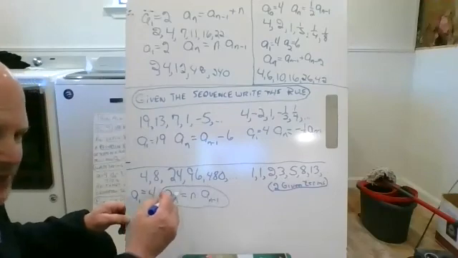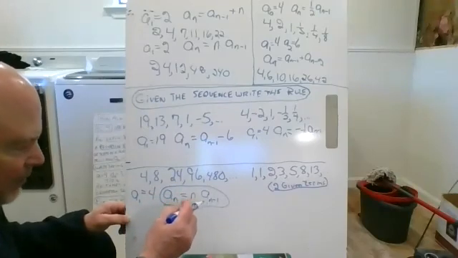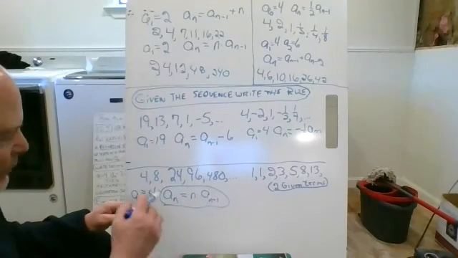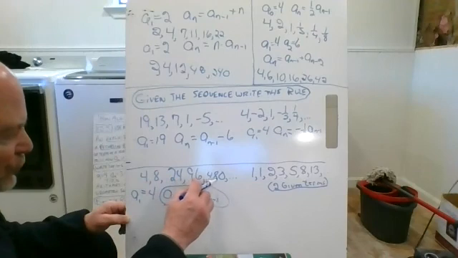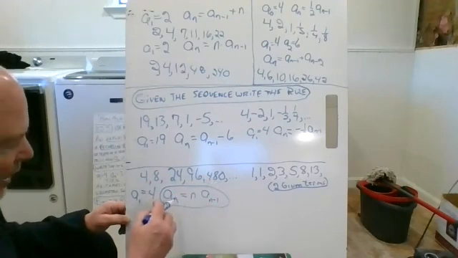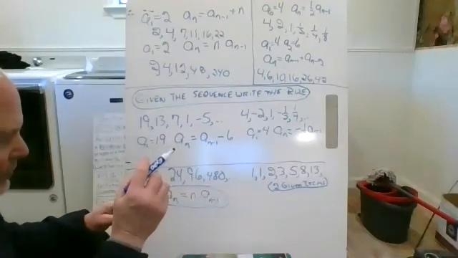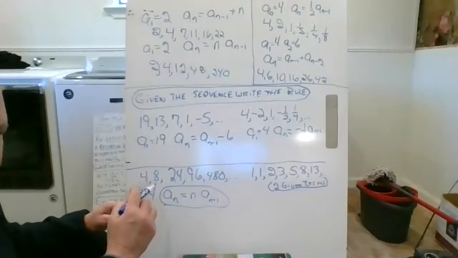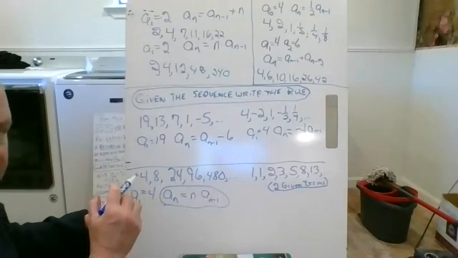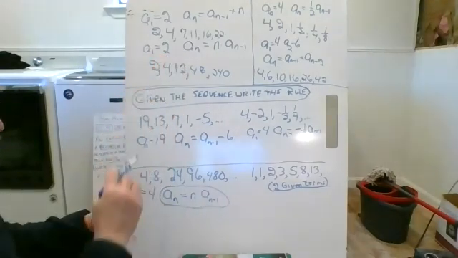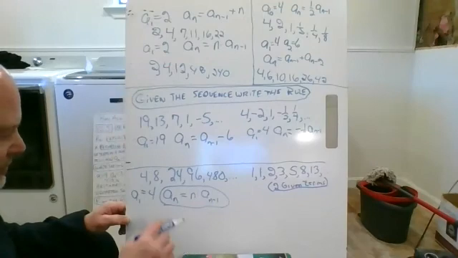Your a sub n is n times a sub n minus 1. So you can see where these sequences are tough to figure out a rule like this. If it's not arithmetic or geometric, then they're tough. You have to just hope you see something. But we had one similar up here that maybe some of you recognize. And that's what made you think of it.